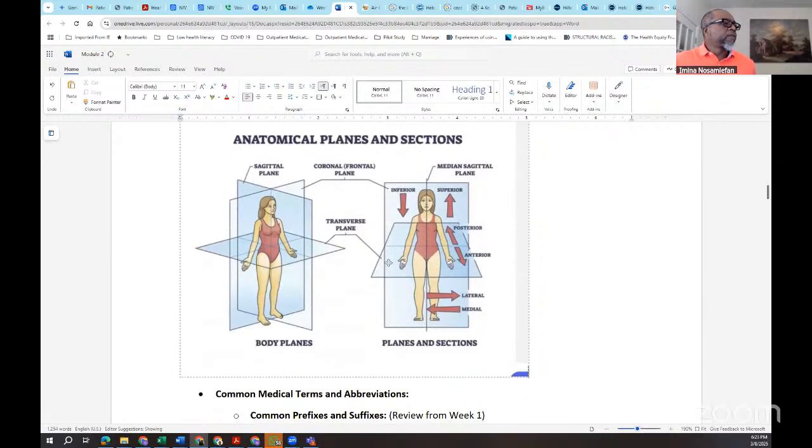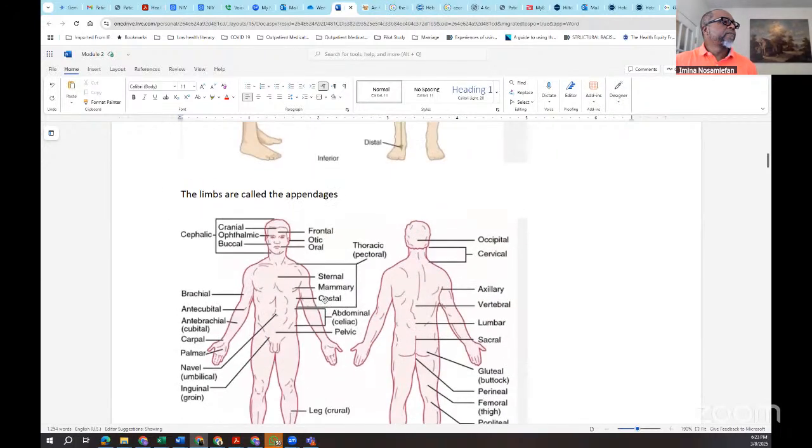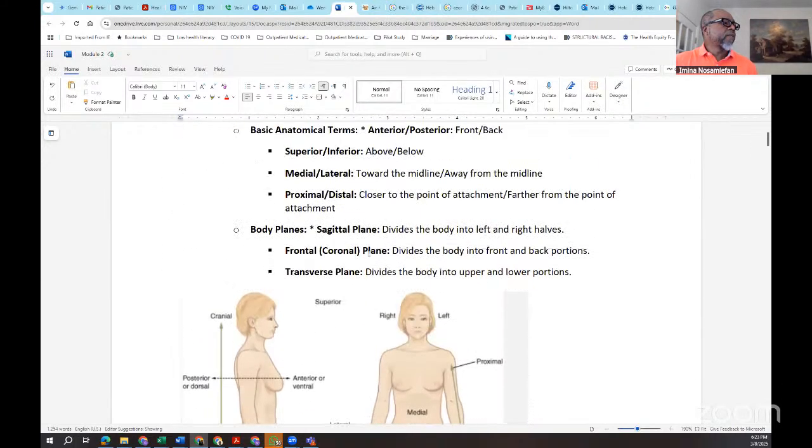So you talk about anatomical planes and sections. So this is a transverse plane. So let's look at that. Let me take this.